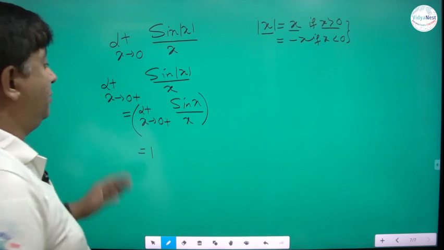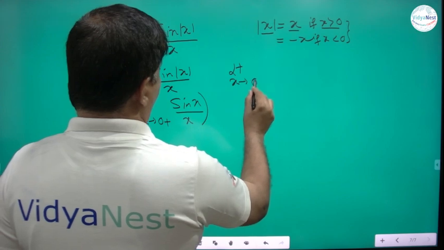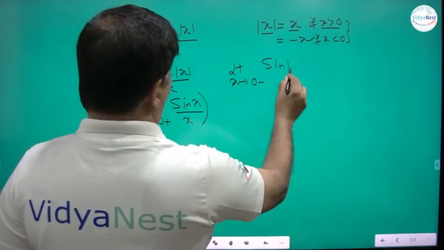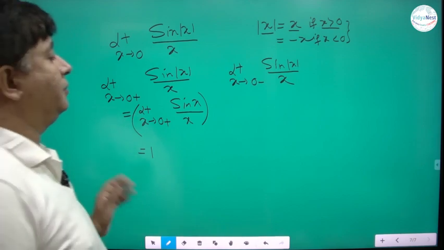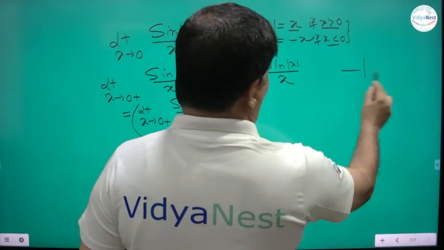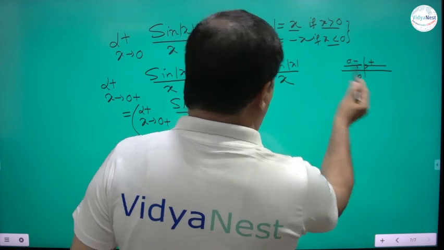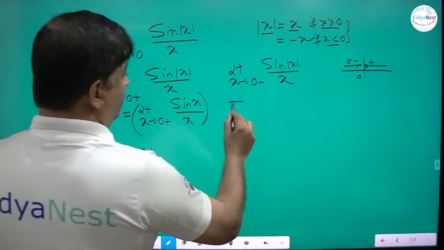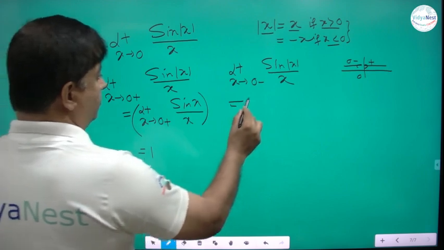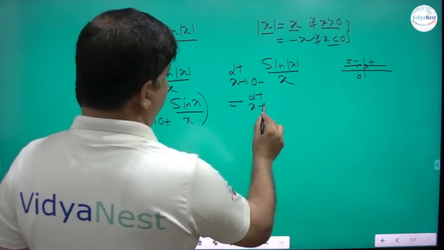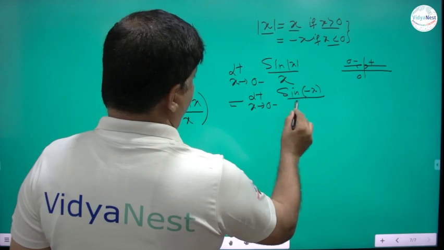Now let us examine with zero minus. What is x tends to 0 minus? See, 0 minus means on the number line the left hand side of 0. In that case, sin mod x is sin of minus x.